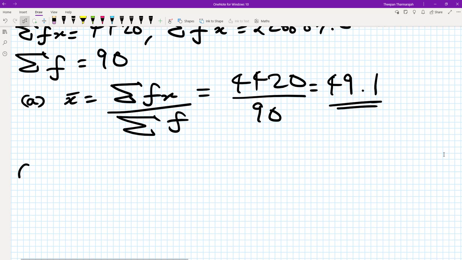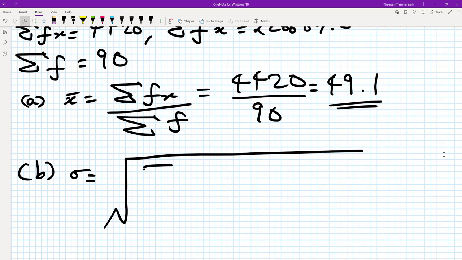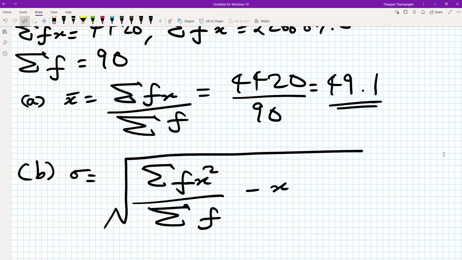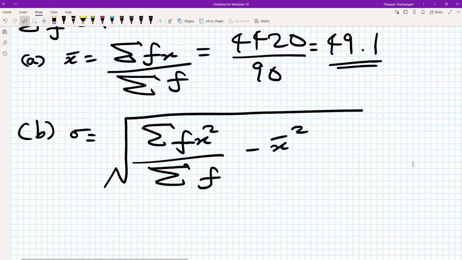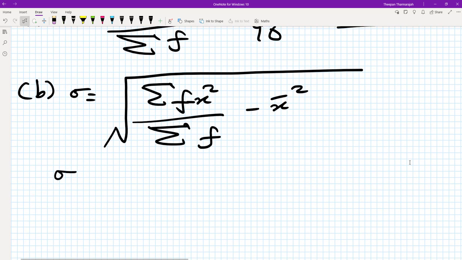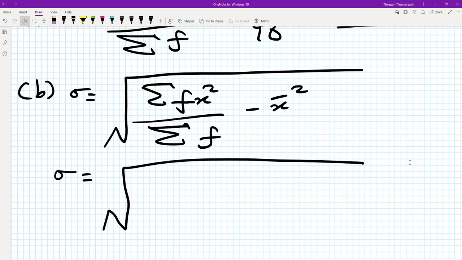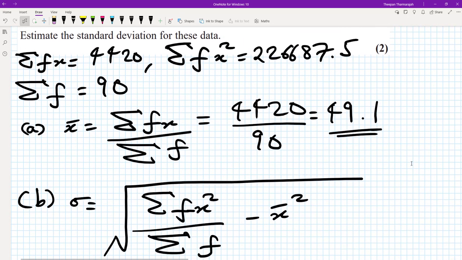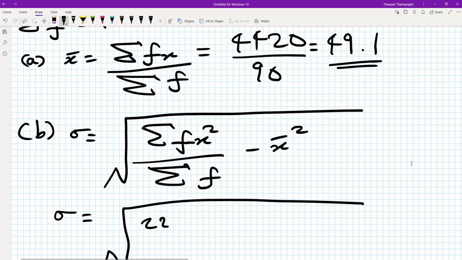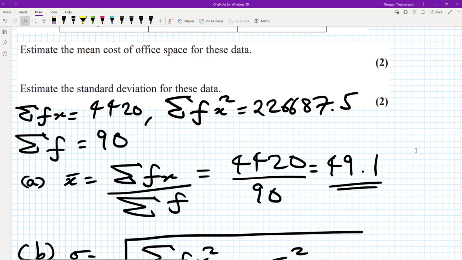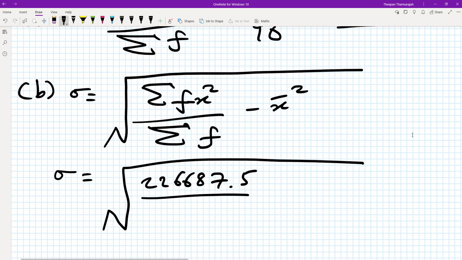So let's write down the formula for standard deviation. Sigma is the square root of the sum of fx squared over the sum of f, minus the mean squared. In our case, we're going to get 226687.5 divided by the sum of f, which is 90, minus the mean squared.